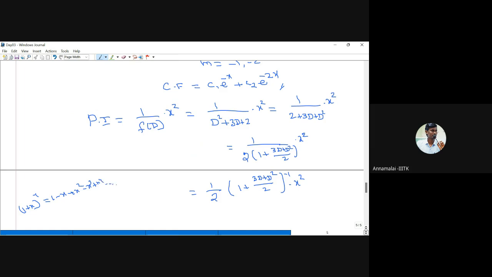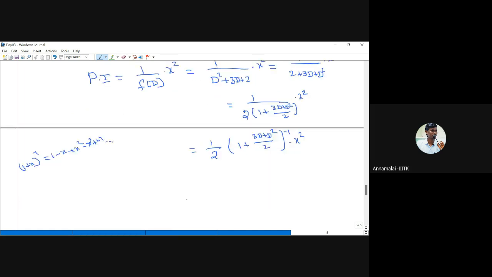So using this formula, we can expand this. Therefore, this is equal to 1 by 2 times (1 minus x, where x is this term, (3D plus D square) by 2, plus x square, that is ((3D plus D square) by 2) whole square, minus and so on), a series, into x square.